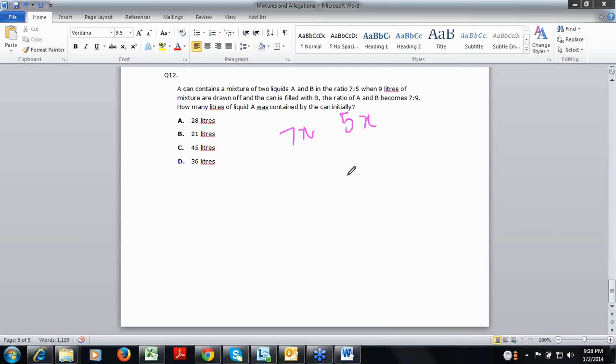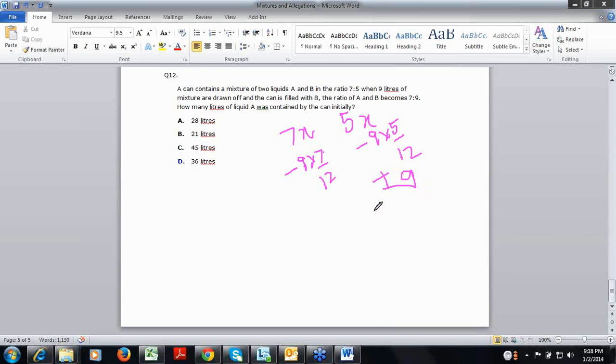So 9 liters is drawn. How much is drawn from here? 9 into 7 by 12. How much is drawn from here? 9 into 5 by 12. Now it says the can is filled with B. So 9 is filled, so plus 9.